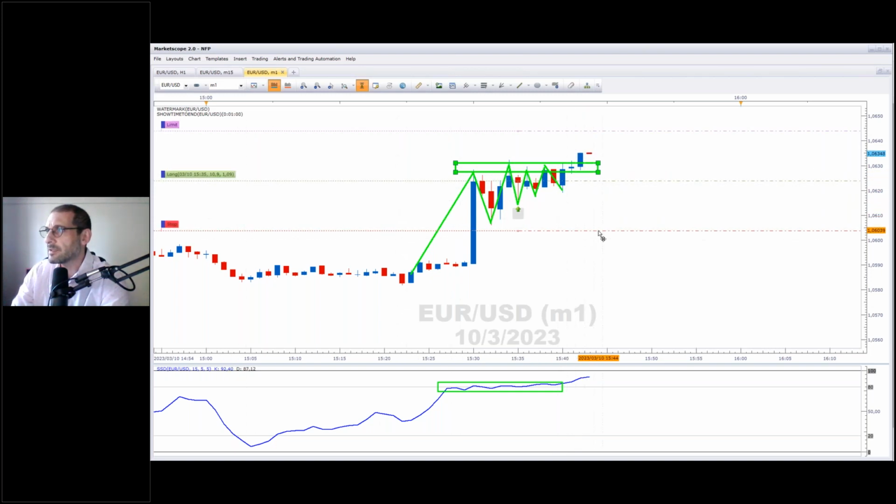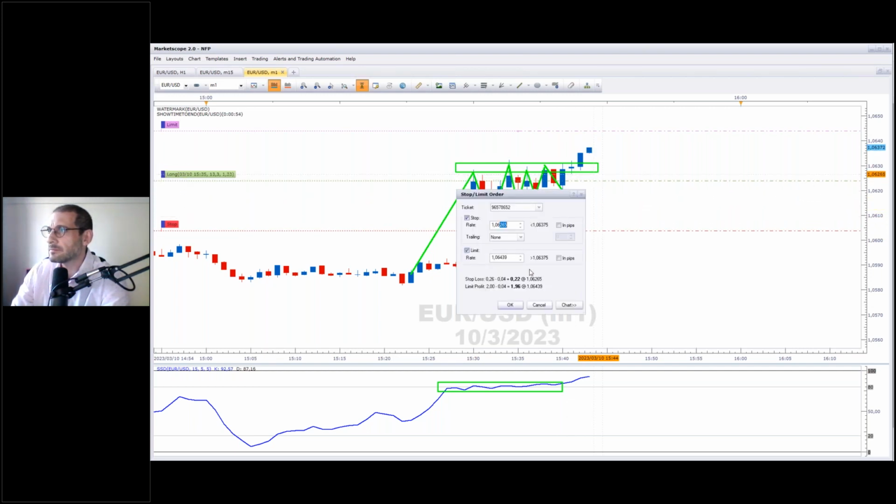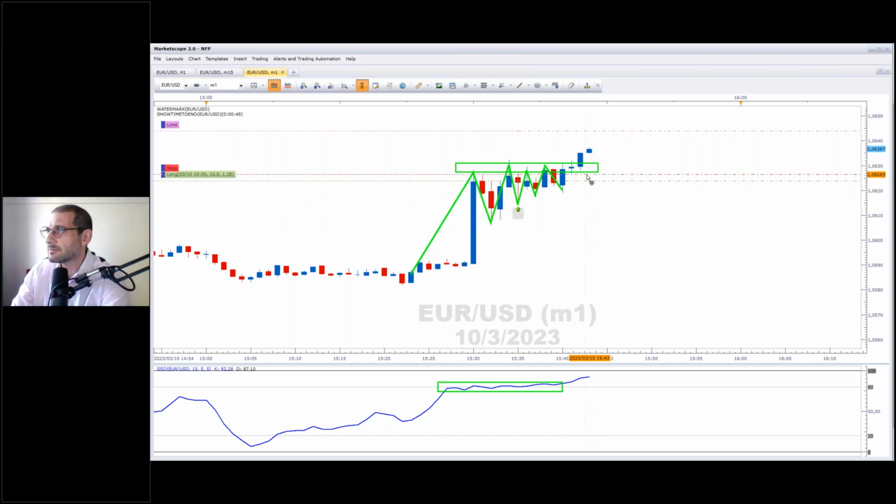Okay, we're going to start locking in some profit soon. Okay, I've moved the stop just below the resistance turned support. So now we've locked in some profit. So we can't lose on this trade.